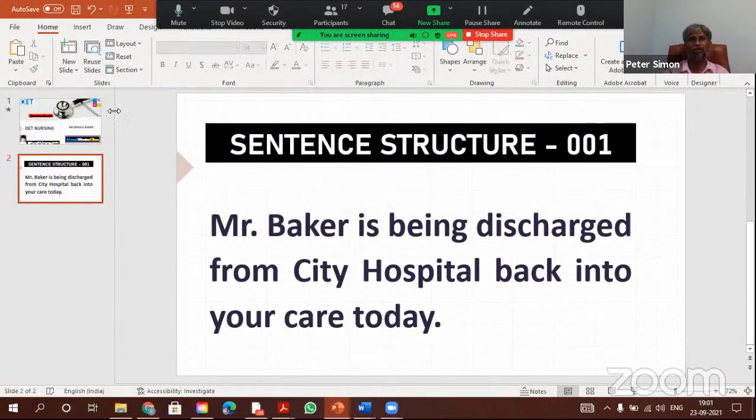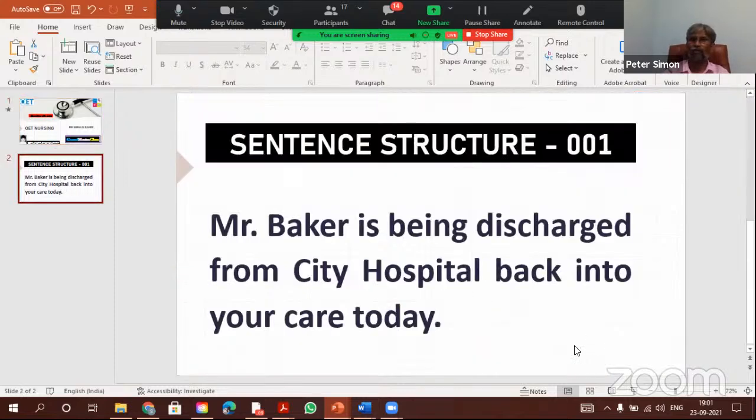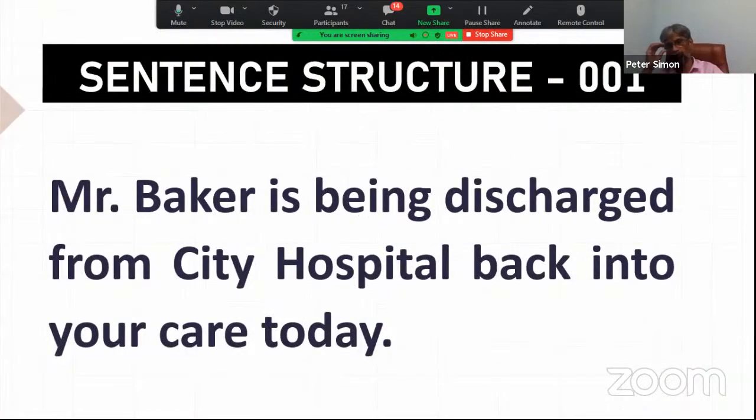Yes, that is sentence structure 001. Now this is the sentence structure you are supposed to write. Come on, write down.